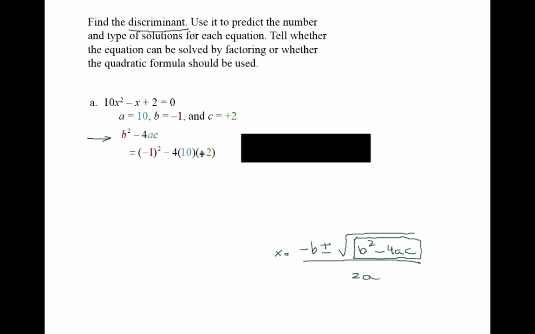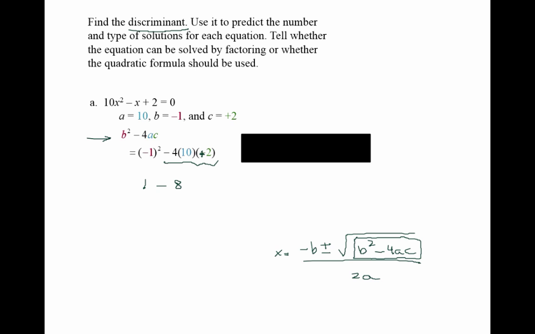So in this case, we find the values of a, b, and c. a is 10, b is minus 1, c is 2. So b squared would be minus 1 squared, which is equal to just 1. Minus 4ac, a is 10, c is 2, so it would be minus 4 times 10 times 2. It would be 80.